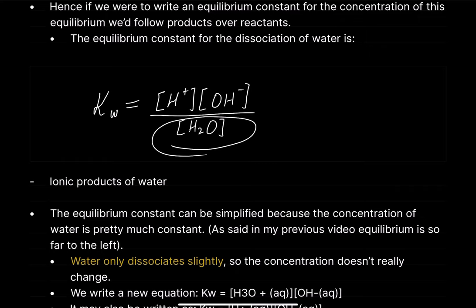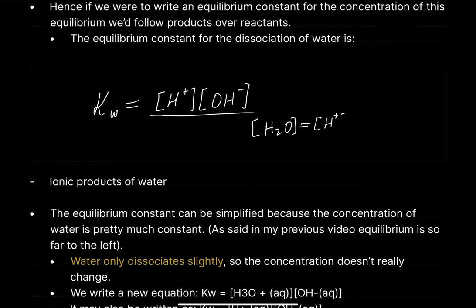We can then cancel that, because we can assume that the concentration of H plus, that essentially what I'm trying to say is here, the concentration of that ideally is equal to this.